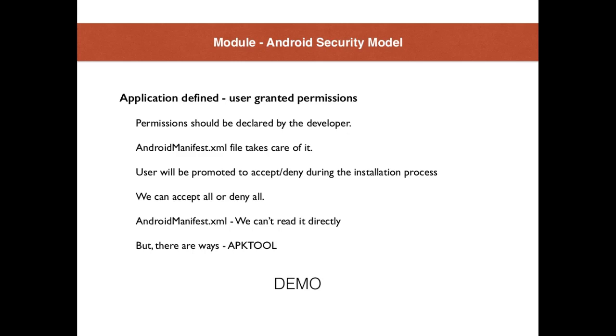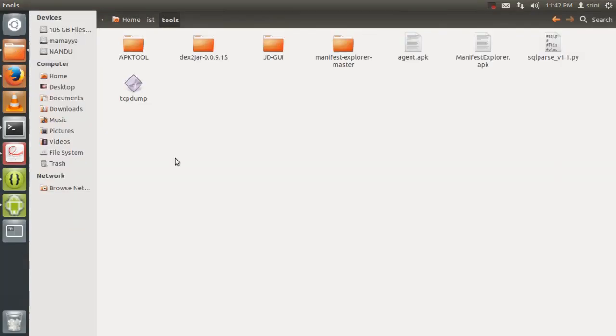Similarly, if I use any other component like service, content provider, broadcast receiver, I should also define them in the AndroidManifest.xml file. Now let's have a look at the AndroidManifest.xml file of one application that is installed in your device using something known as Manifest Explorer. It is an application that can be downloaded from the internet.